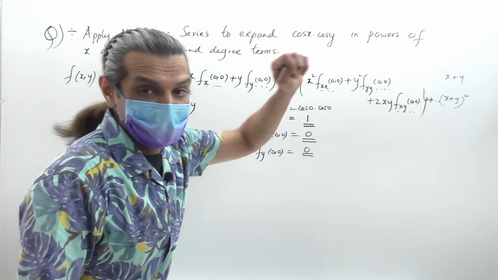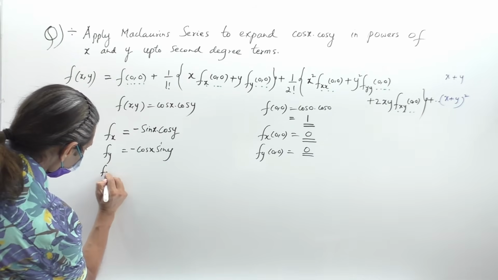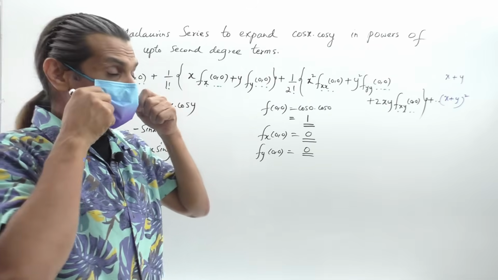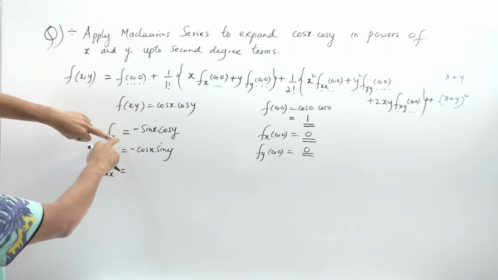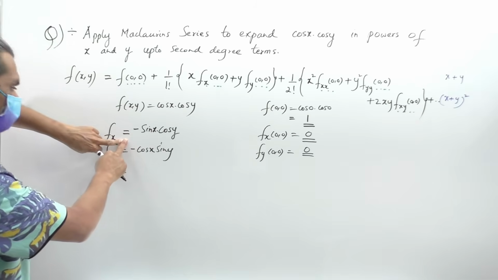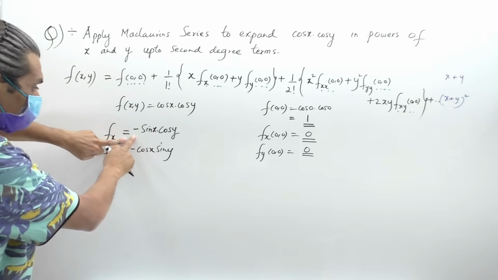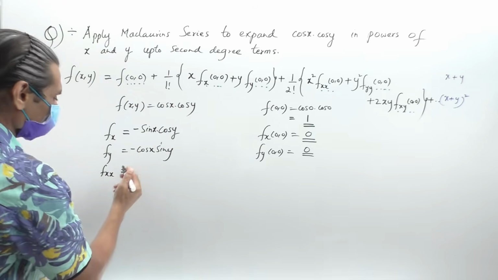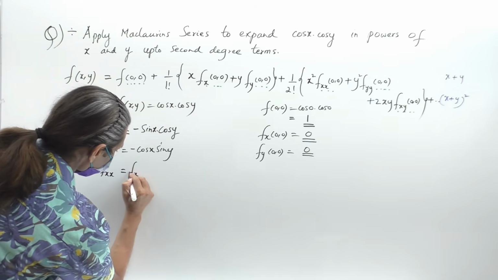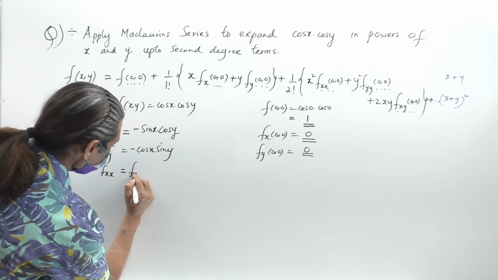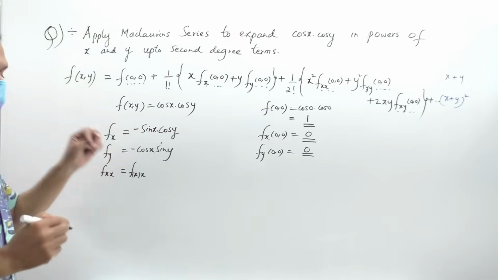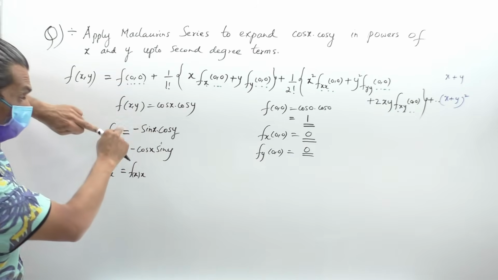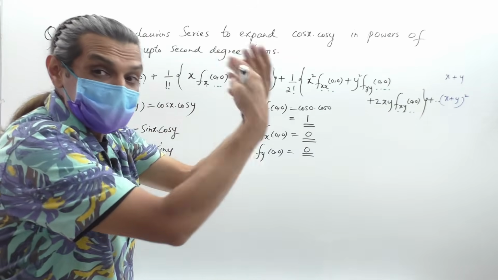Next, we need to find f double x. What's f double x? f double x means basically del square f by del x square. What we have done: fx, we have found the partial derivative of f with respect to x, the same fx again with respect to x. If you want, I write here, fx what you have found, again with respect to x, that's f double x. Getting it? Again this fx, with respect to x, partially differentiate.